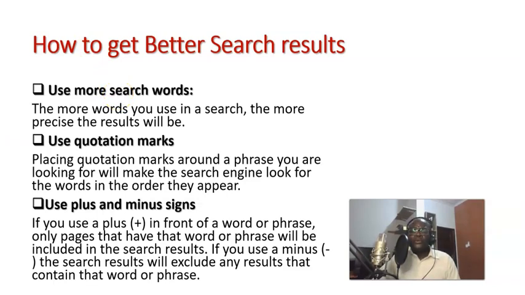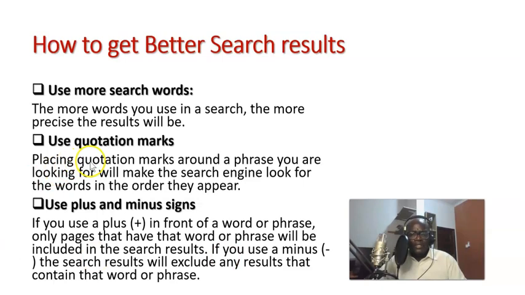So for example, if you're looking for a website for grade 7 online, if you just use the word grade or grade 7, you may not find very useful information because you are going to see different kinds of information which has the words grade 7 in it. What you want to do is use more search words. For example, you can say grade 7 online, or if you want grade 7 online tuition service, then the results which will display will be very close to what you are looking for.